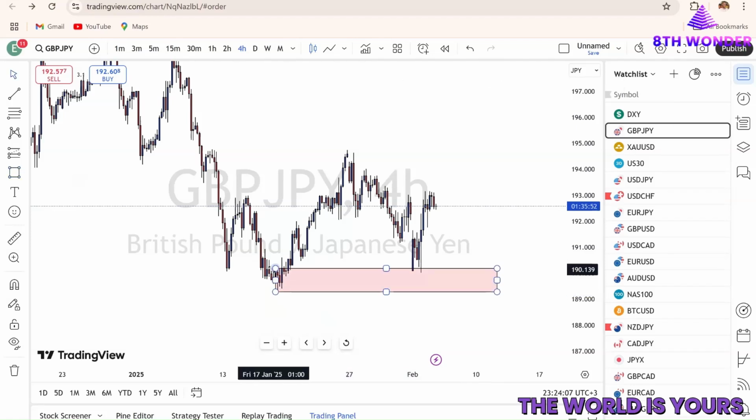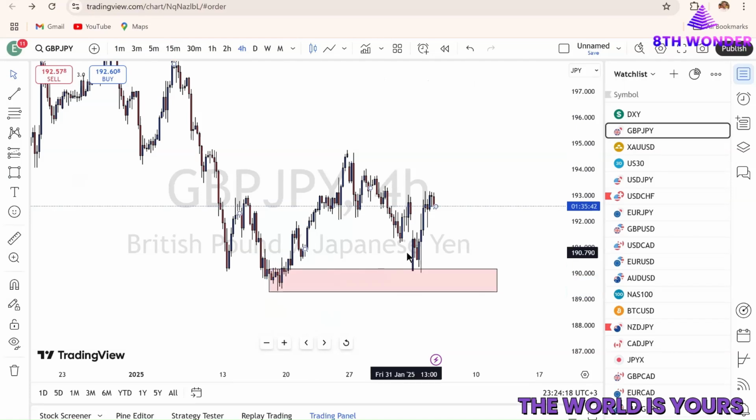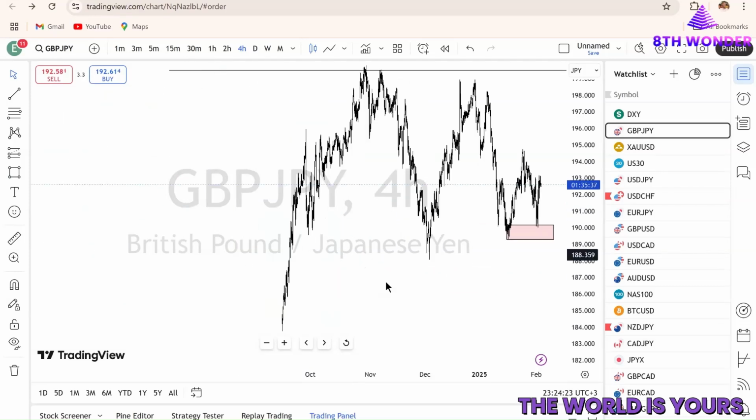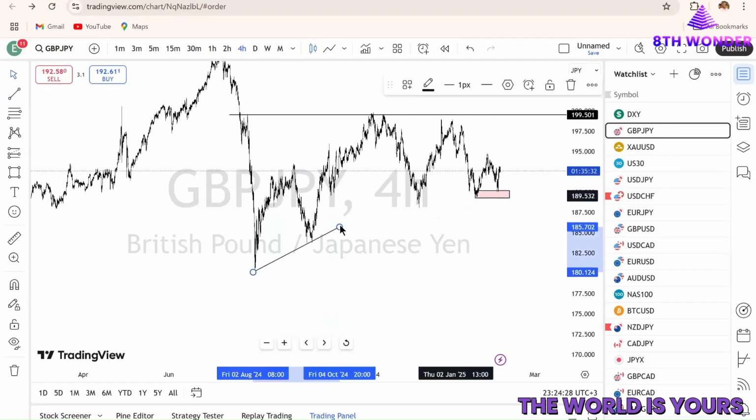Okay, as you can see here, for the supply zone we are looking for the last candle on the buy move before the rapid sell. But for the demand zone, the pair is on an uptrend like this. This pair is uptrending. You can see here from this point to this point, the market is going up.